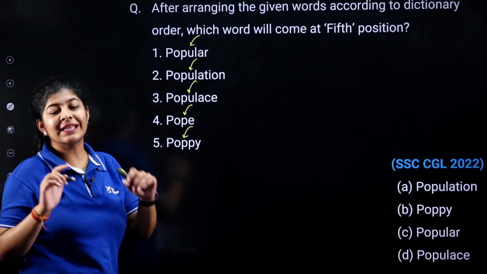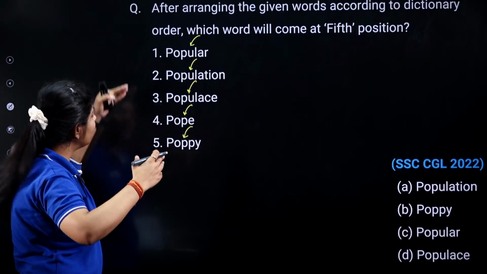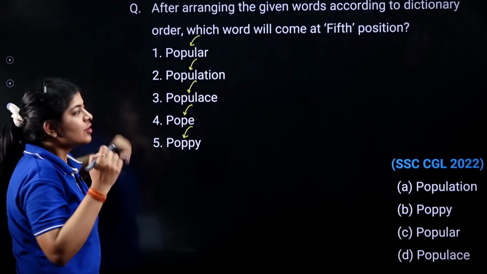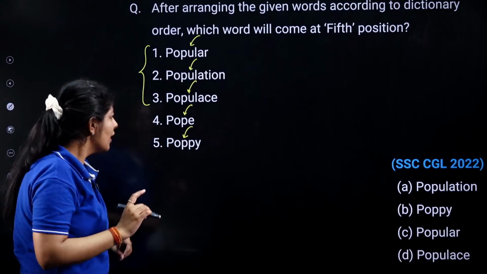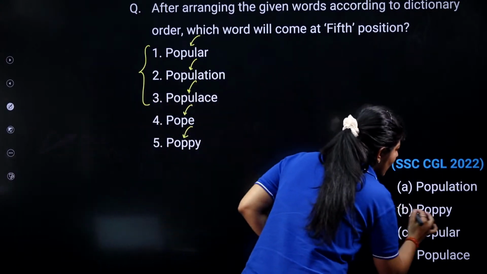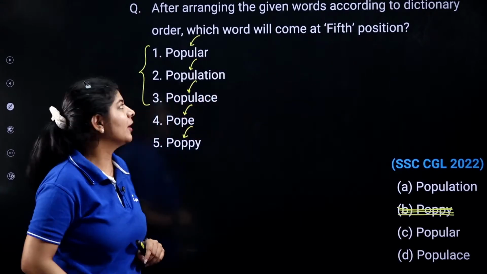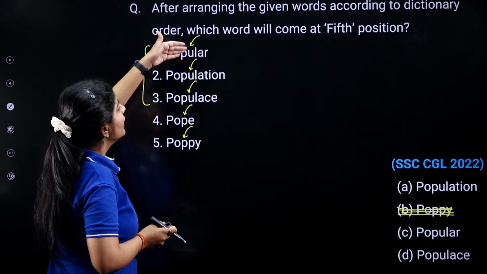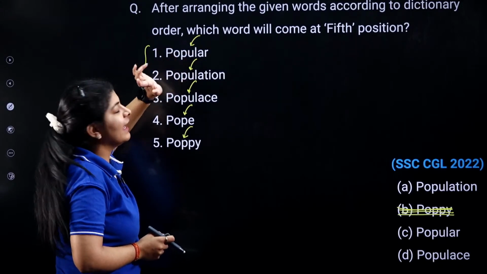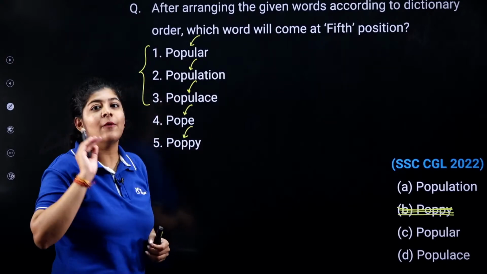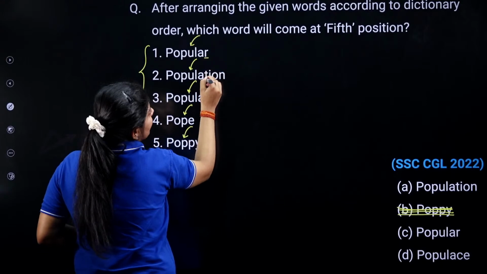So we can say that these 2 will come at the initial level, and after that these 3 will come. So our answer should be out of these 3 words, right? So we can easily eliminate this poppy word from here. Now, as I know that this U is same, L is same, again A is same, now I am going to check this letter over here.